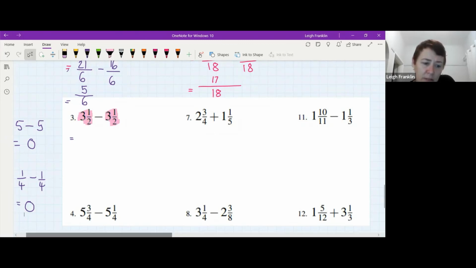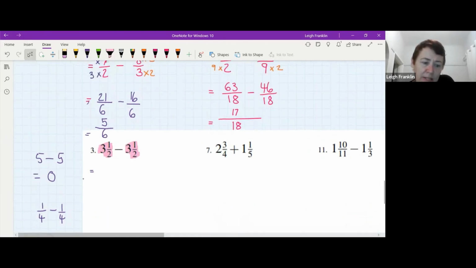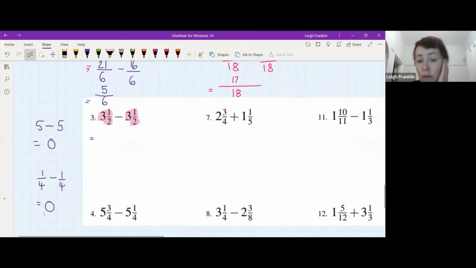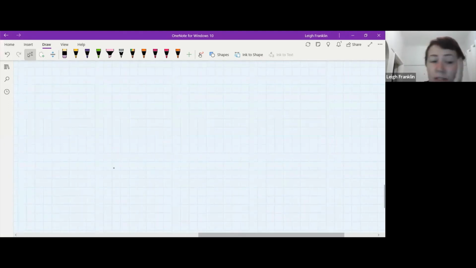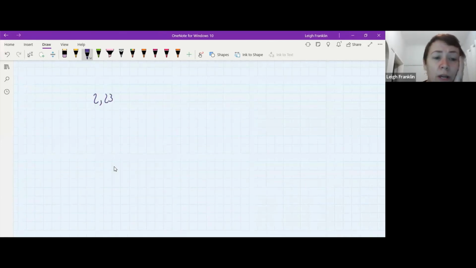So anything minus itself is 0 in maths, okay? Whether it's a whole number or a fraction, it doesn't matter.